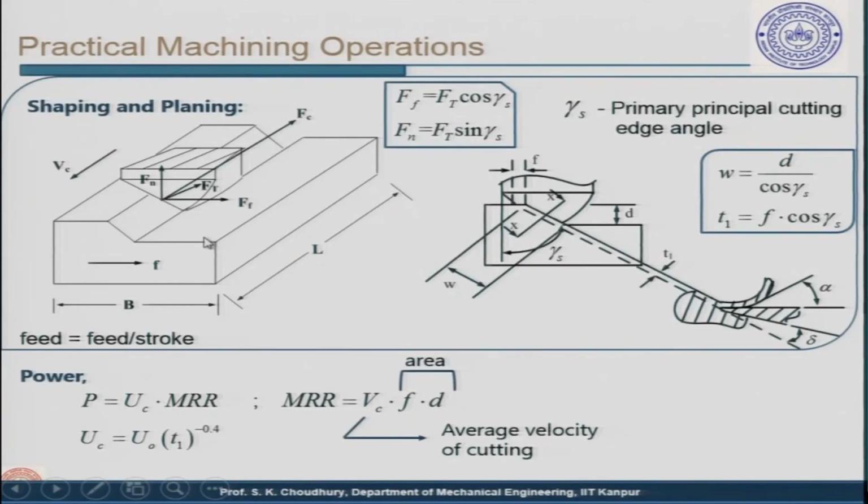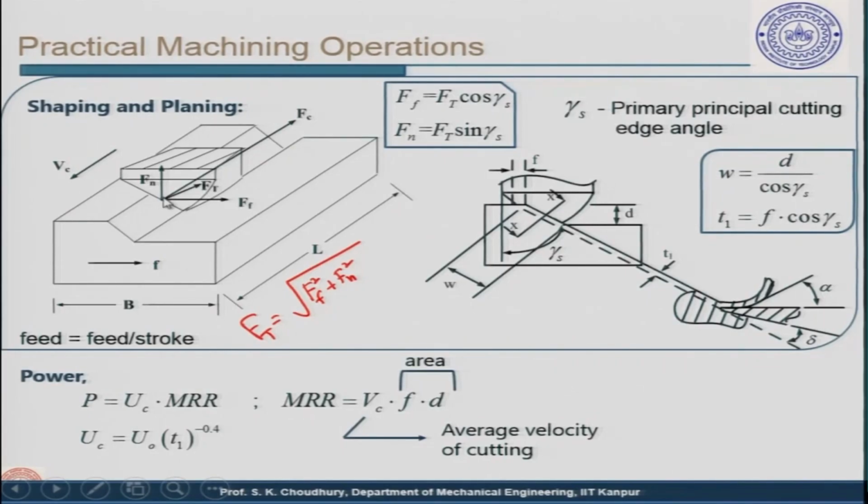So, the summing up of Fn and Ff gives the resultant Ft, that is, Ft equals the square root of Ff squared plus Fn squared, like in case of turning, but in turning it was the radial and the feed force. Here it is the feed force and the normal force.